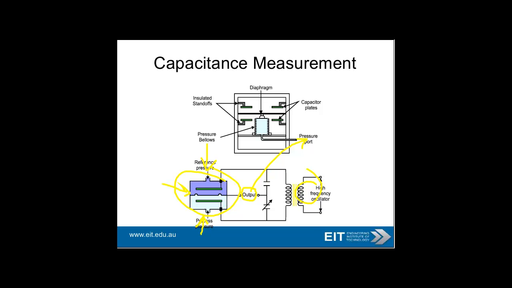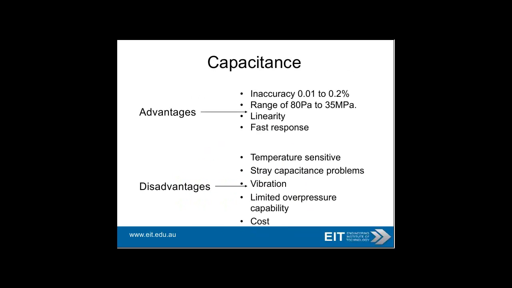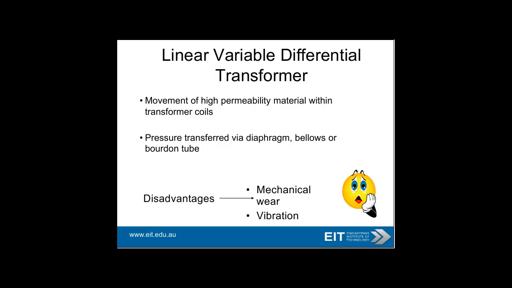Two capacitors which are changing. Very low inaccuracy, 0.01 to 0.2%. 80 pascals to 35 megapascals, so really good solid range. Linear, which is obviously really useful. No linearization required. And a disadvantage again is temperature, strange capacitance problems.